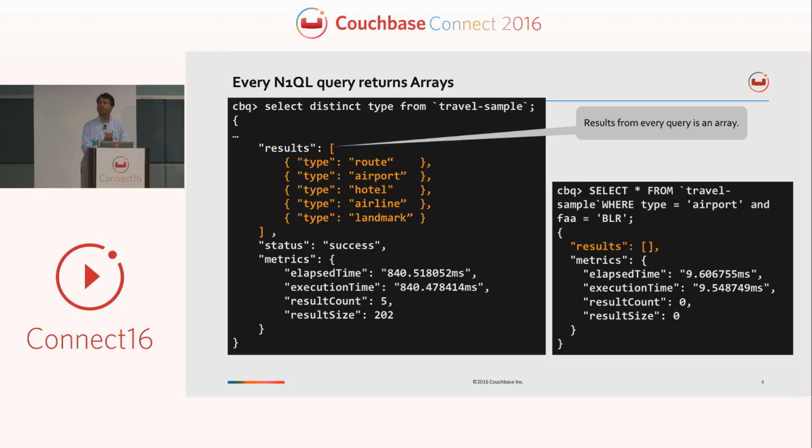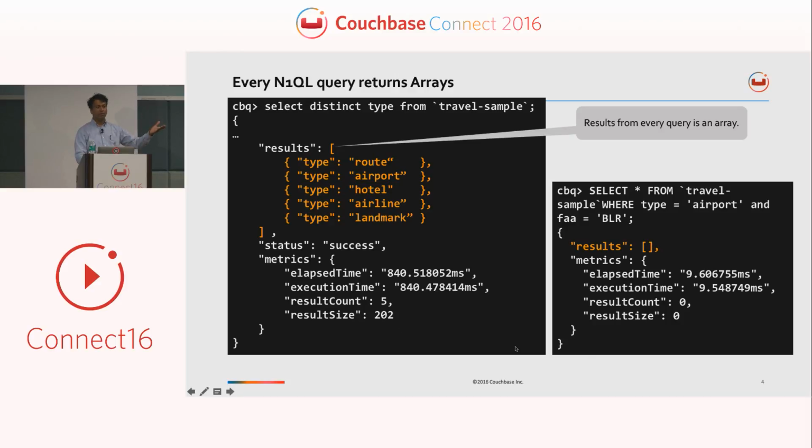If you have used N1QL, you have already used arrays, right? All the result sets that come back from every query have an array. The result is an array of objects. So each document that is returned from your select statement is a separate document within an array of results.